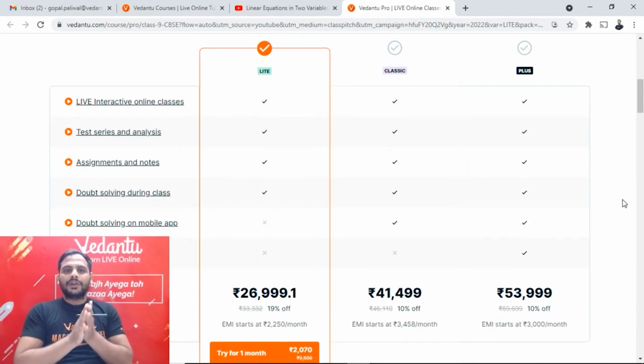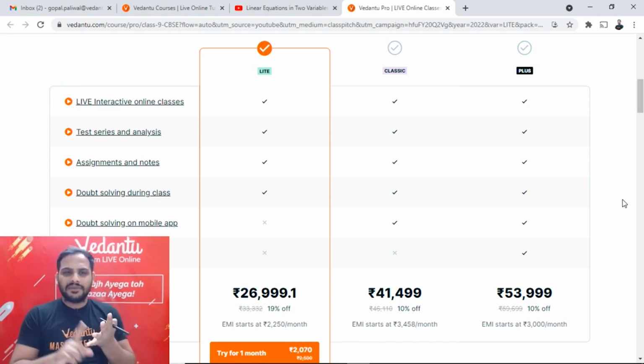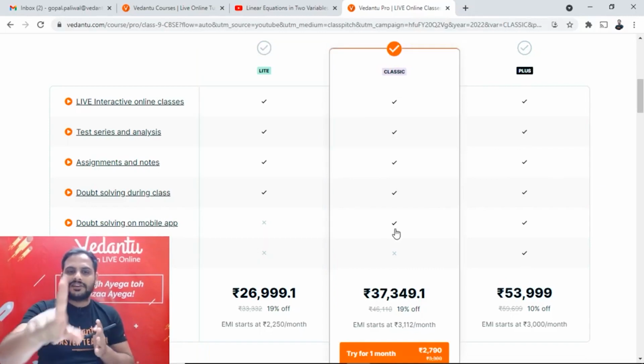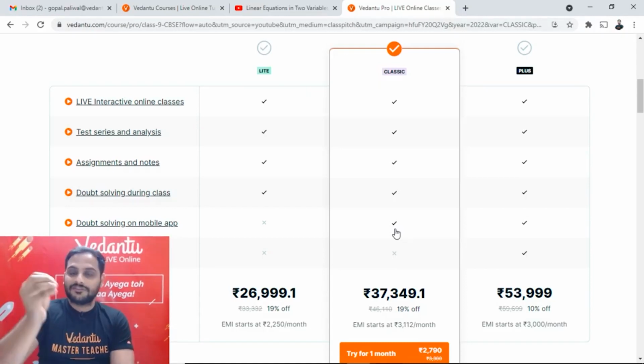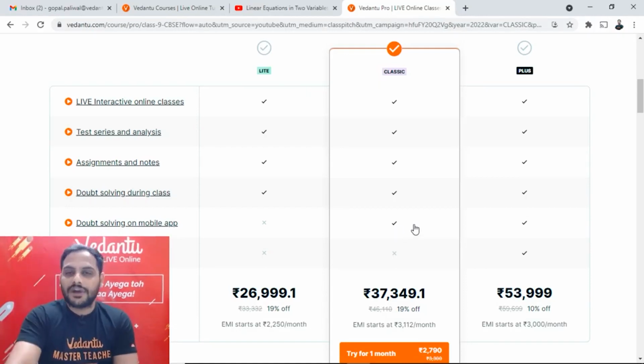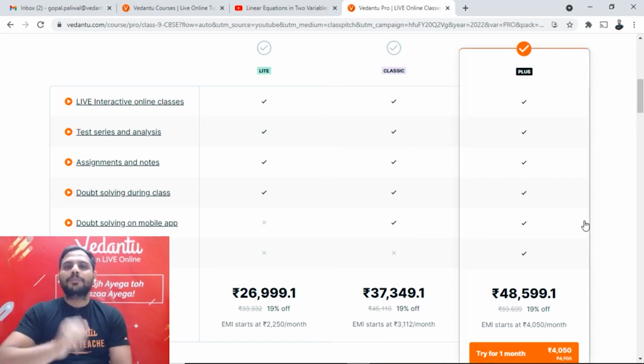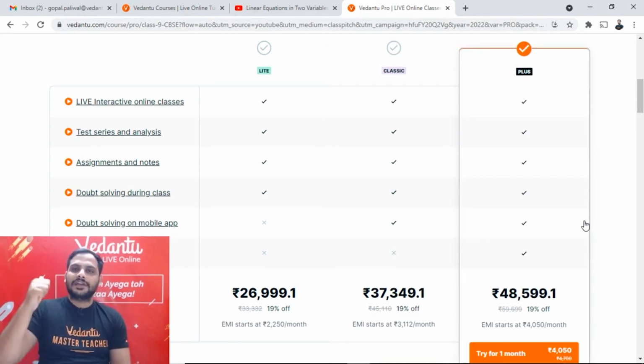Pro Lite has all the basic features: live classes, test series, assignments, and doubt solving during the class. Then we have Pro Classic, which has one extra feature, which is doubt solving on mobile app. So it will help you after the class when you are solving some question. If you get doubts, you can use this doubt solving on mobile app. And then Pro Plus, which has one more extra feature, that is personal mentor.